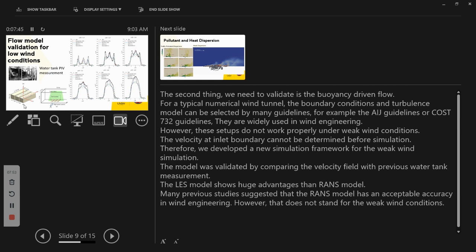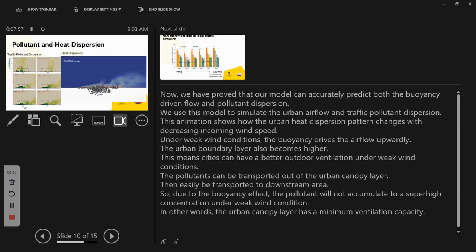Many previous studies suggested that the RANS model has an acceptable accuracy in wind engineering. However, that does not hold for the weak wind condition. Now, we have proved that our model can accurately predict both the buoyancy-driven flow and the pollutant dispersion.